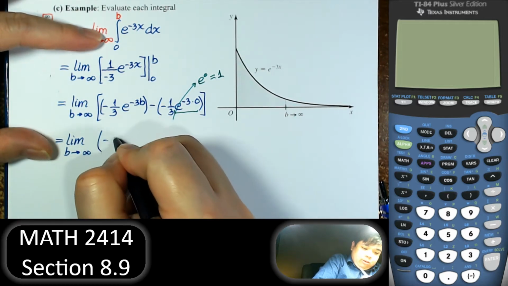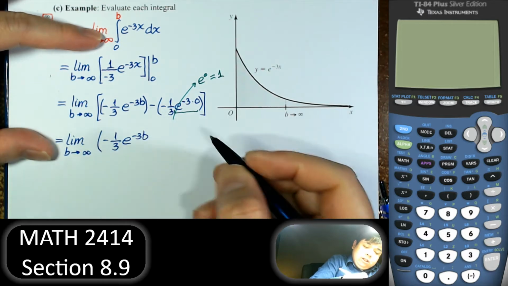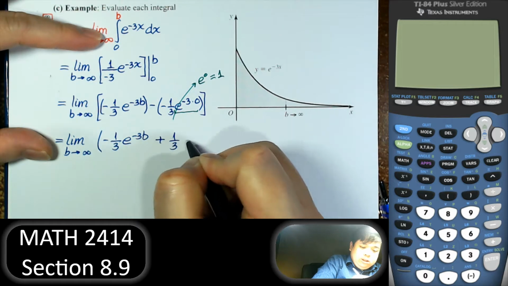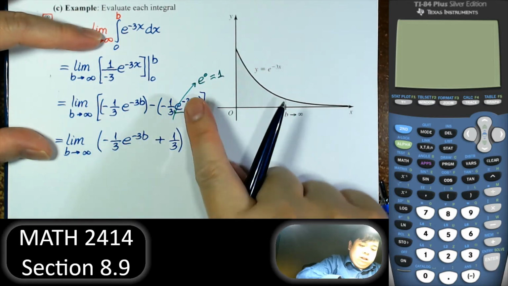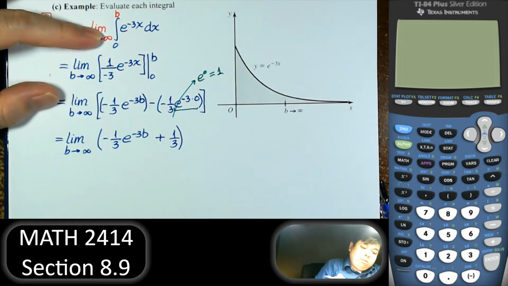So we just have negative 1 over 3 e to the negative 3b minus a negative 1/3 is plus 1/3. So that is 1, and multiplied by 1 it's just that, right?